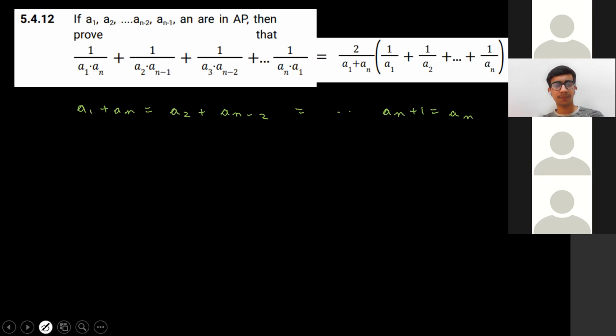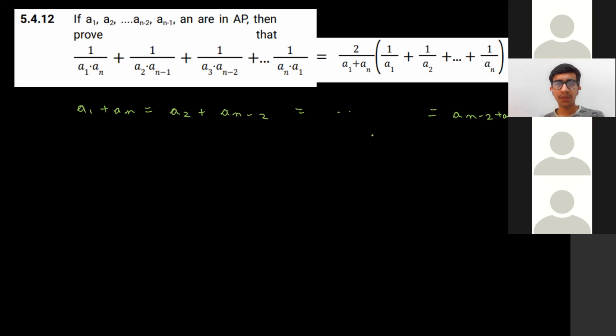So for the first term and the last term, the sum is equal to the sum of the second term and the second last term, and this is equal to a2 plus an minus 1, and so on, and this will be equal to an minus 1 plus an.